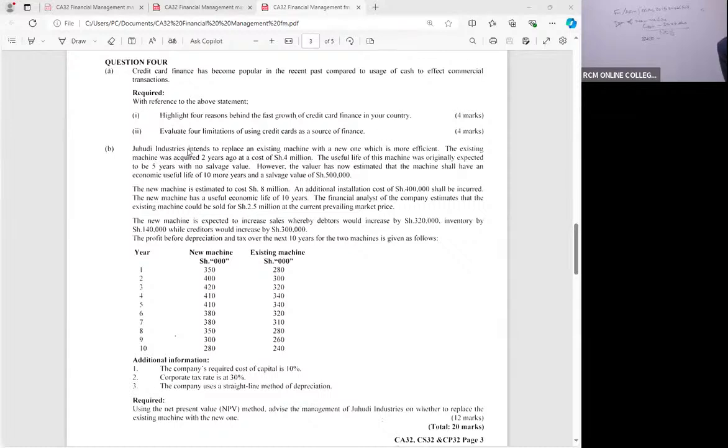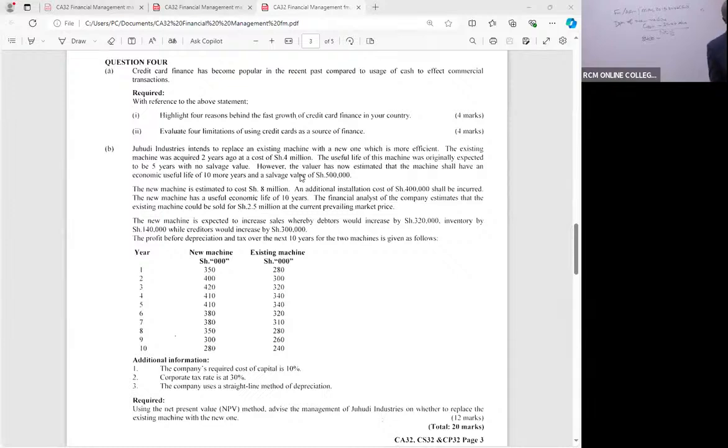The existing machine was acquired 2 years ago at a cost of 4 million. The useful life of this machine was originally expected to be 5 years with no salvage value. However, the value has now been estimated so that the machine shall have an economic useful life of 10 more years and a salvage value of 500,000. You see, the existing machine has a salvage value.